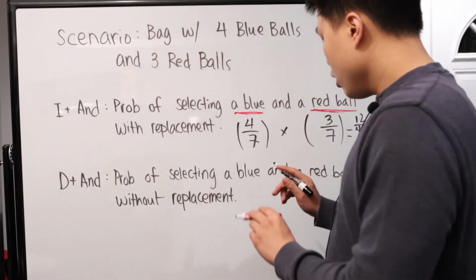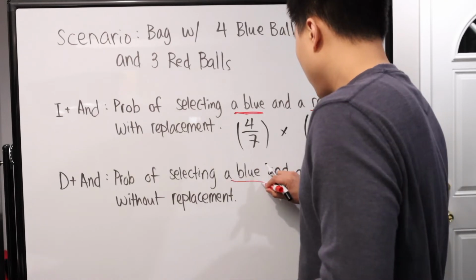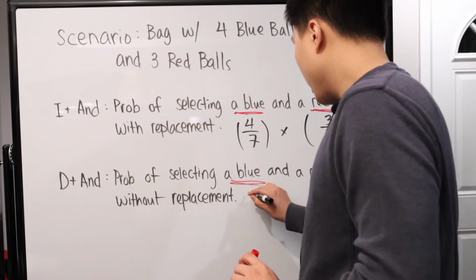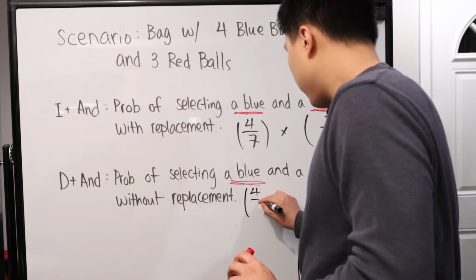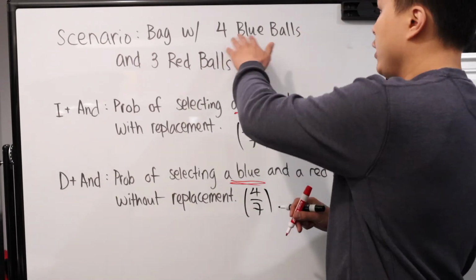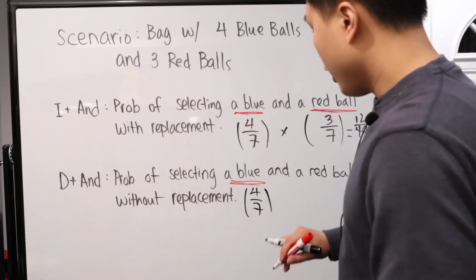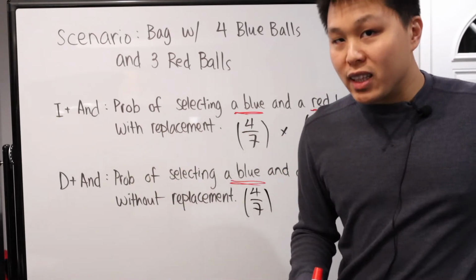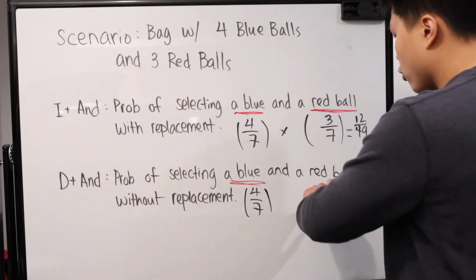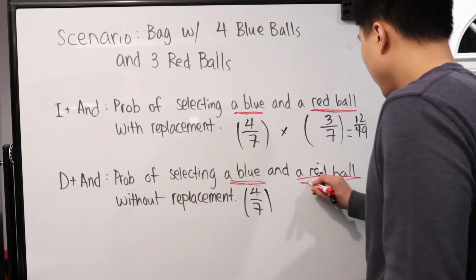So the first part is still the same. We're looking at a blue ball, all right? So in the first case, we still have 4 over 7 possibilities. Now, assuming that we grab the blue ball in our first draw and we leave it out, now we're looking for the probability of a red ball.